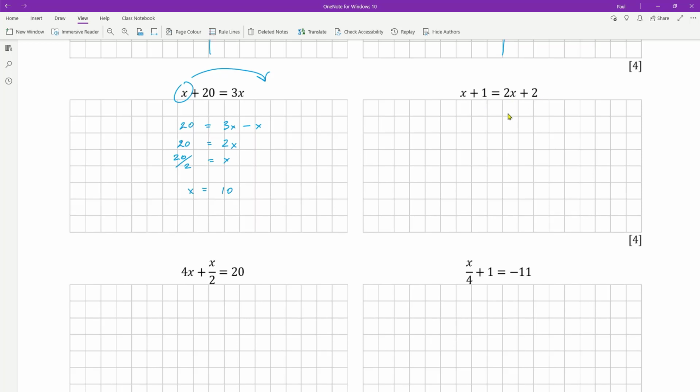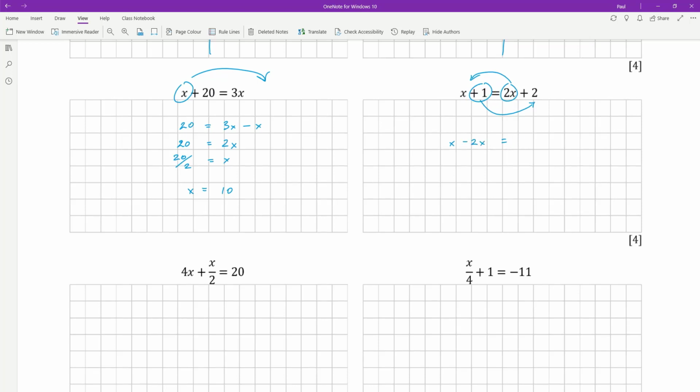Over here, this one looks simple, but it can be slightly tricky. So what I'm going to do is, I've got a preference for x's being on the left hand side, it doesn't really matter. So I'm going to shift that one over there, and I'm going to shift the numbers to the other side. So that's positive 2x, on the other side will be minus 2x, so x minus 2x.